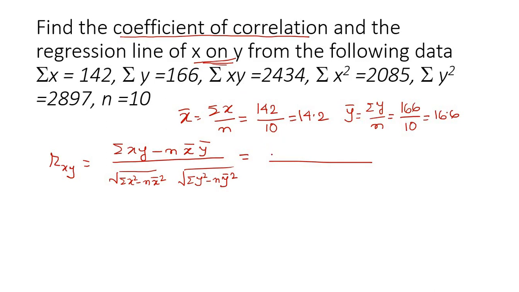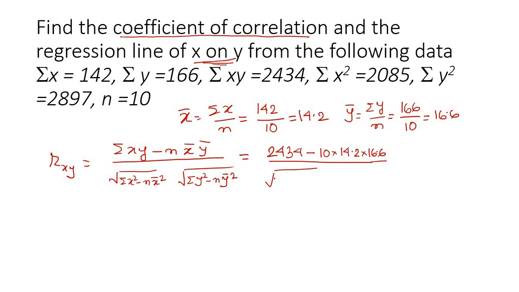So we have summation xy as 2434, so we write 2434 minus n is 10, x bar is 14.2, y bar is 16.6, and then we have divided by under root.